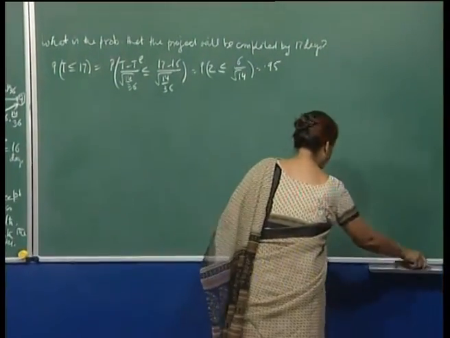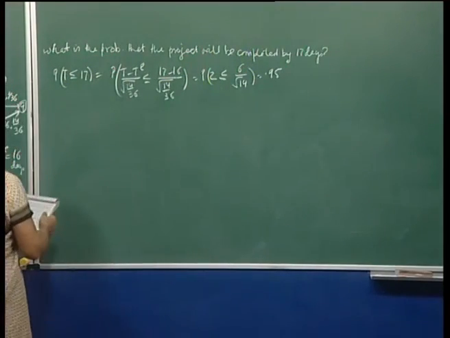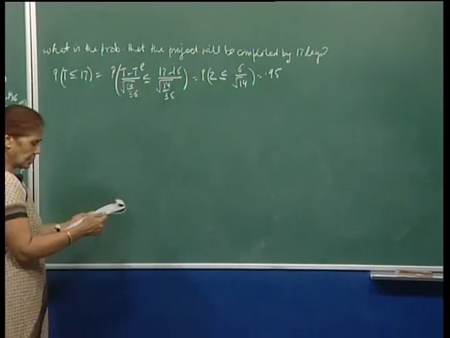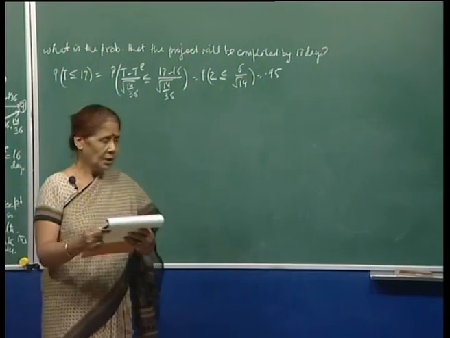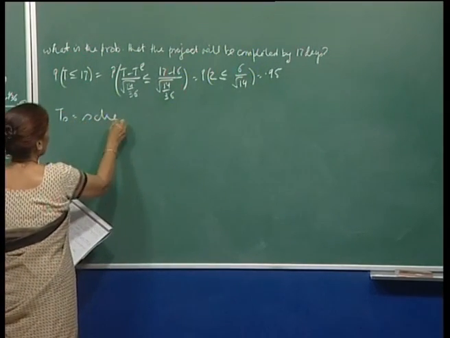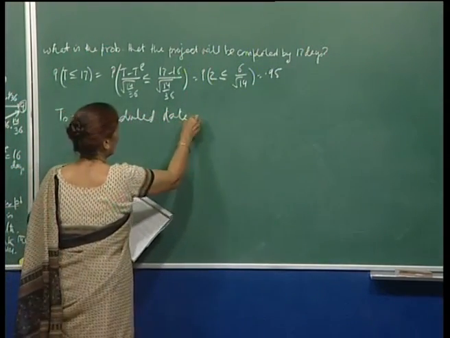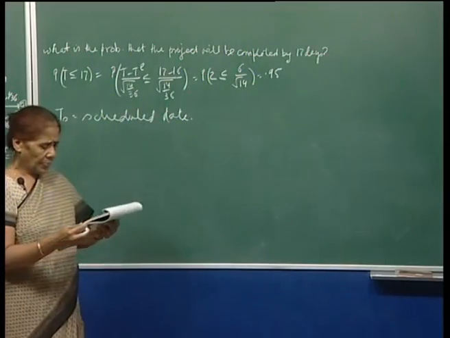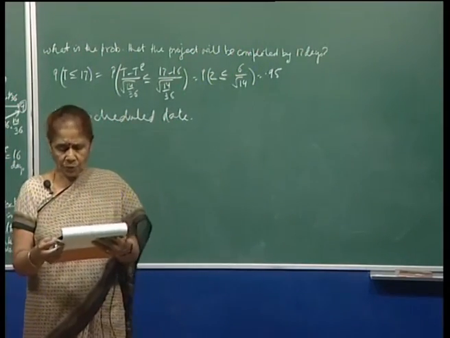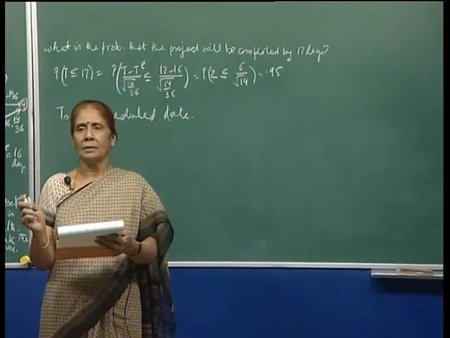If you want to know the probability, the question asked is what is the value of T s. Your T s is the schedule date. So, the question asked is what is the value of T s so that there is only a 5% chance of exceeding the contracted date.